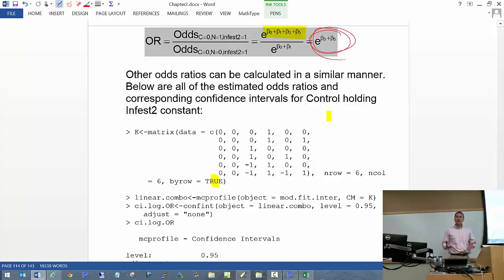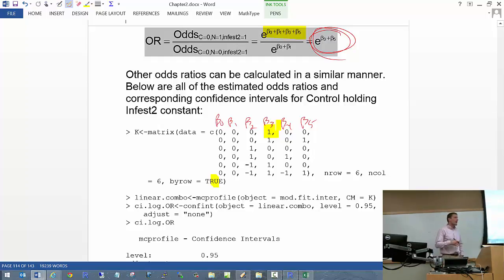Well, let's actually use MC profile with this. So that first odds ratio where we just had e to the beta 3, when I find my K matrix, I only need to specify for that beta 3 column.